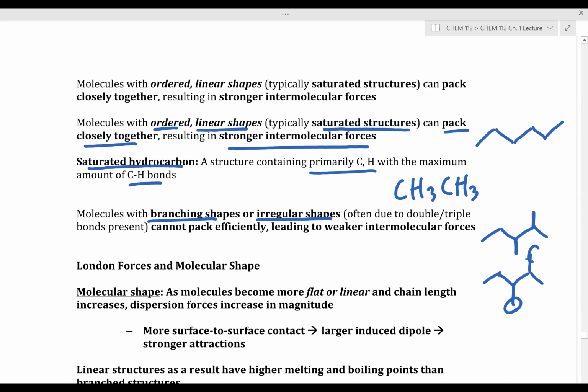Are these branching groups going to create issues packing our molecules close together? Do these branching groups limit how close we can bring our molecules?